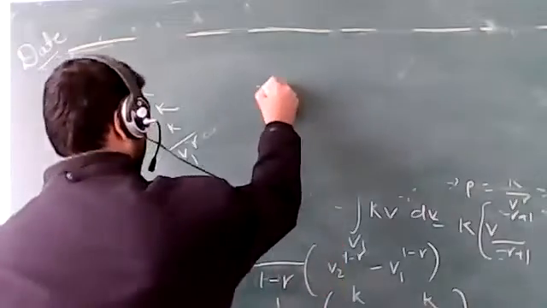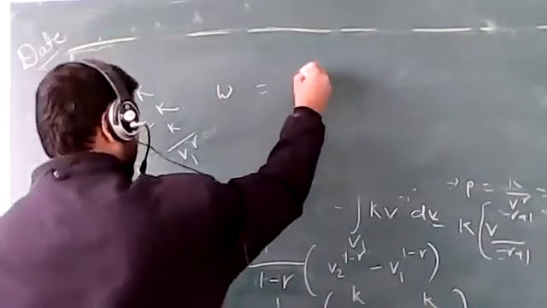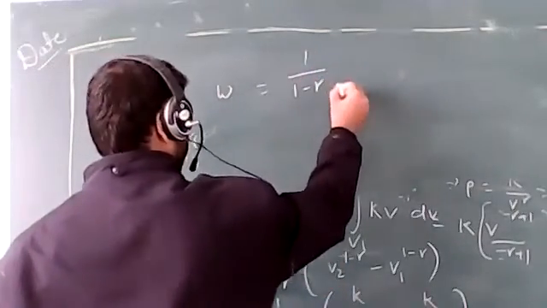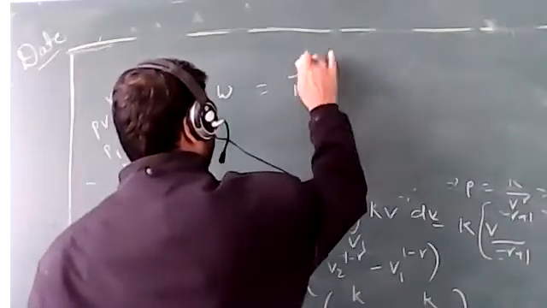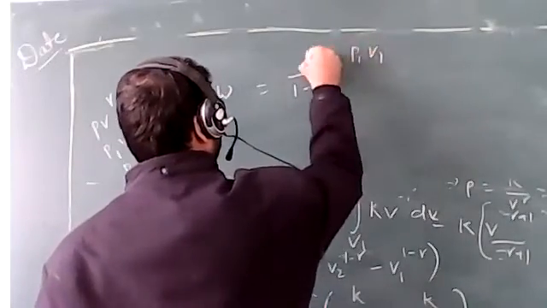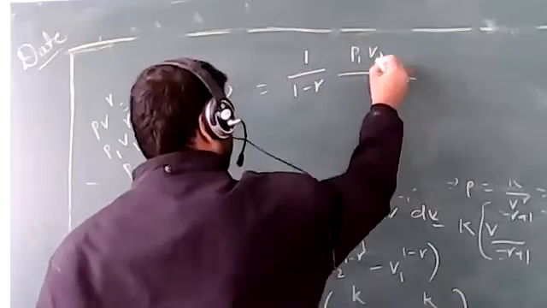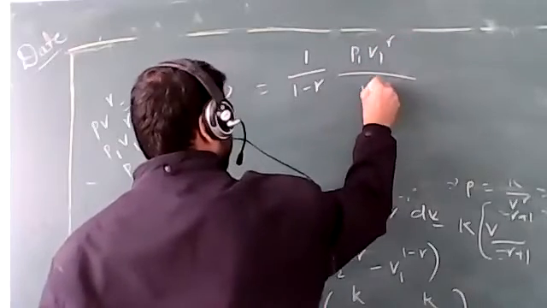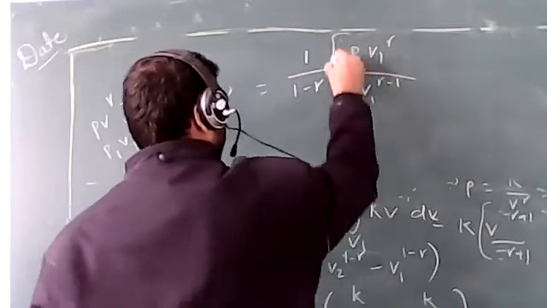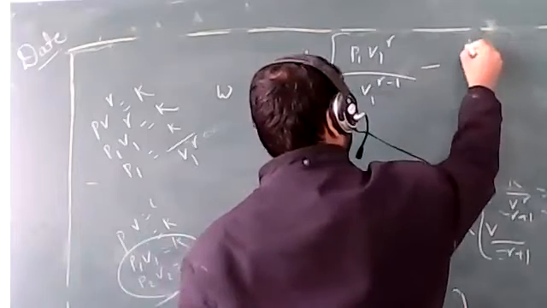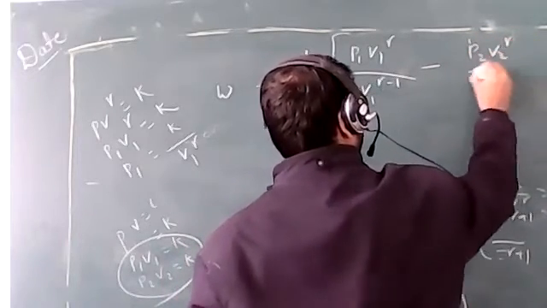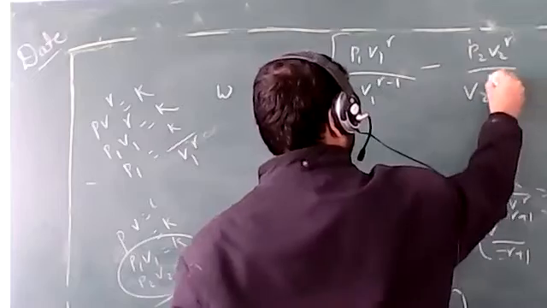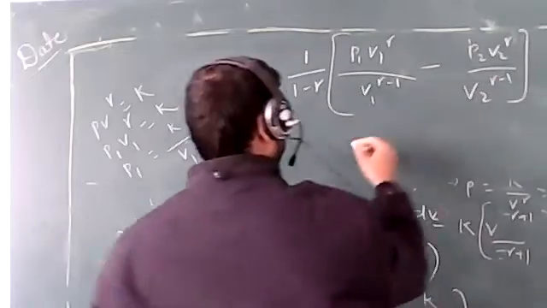So just write down, w equal to 1 by 1 minus gamma. Here k, in place of k we can write p1 v1 to the power gamma divided by v1 to the power gamma minus 1, minus, in place of k we can write p2 v2 to the power gamma divided by v2 to the power gamma minus 1, okay.